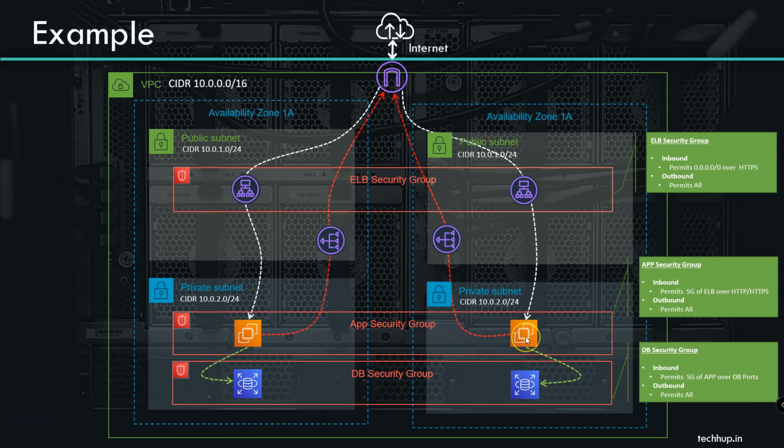And even with these two instances associated, you are only allowing incoming connections over a certain port that you have defined for these two databases. This could be 3306 in case of MySQL Server, and likewise for other database instances. So this is one of the examples of best practices revolving around security group referencing.